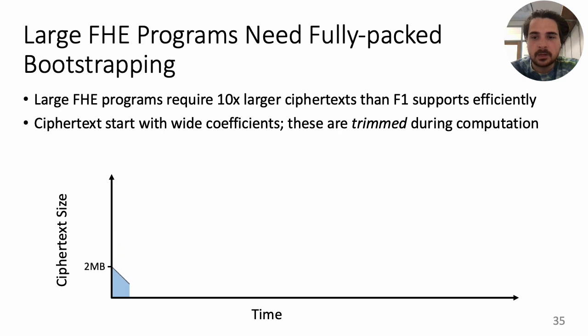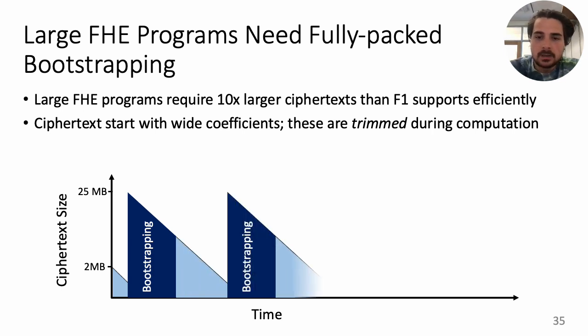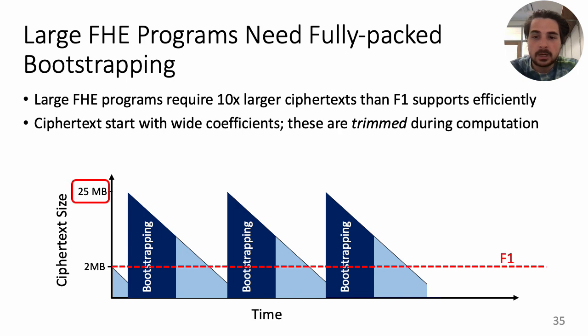Fully packed bootstrapping refreshes all elements in the ciphertext back up to a larger size, thus enabling more computation. This means FHE can support arbitrarily deep computation by separating the program into regions of limited depth and bootstrapping in between. But as the slide shows, fully packed bootstrapping requires working with large ciphertexts, which F1 does not effectively support. This is why we only saw single-slot bootstrapping results for F1.